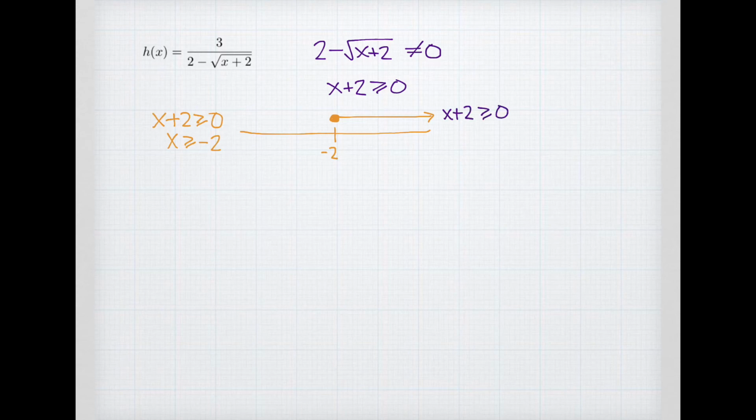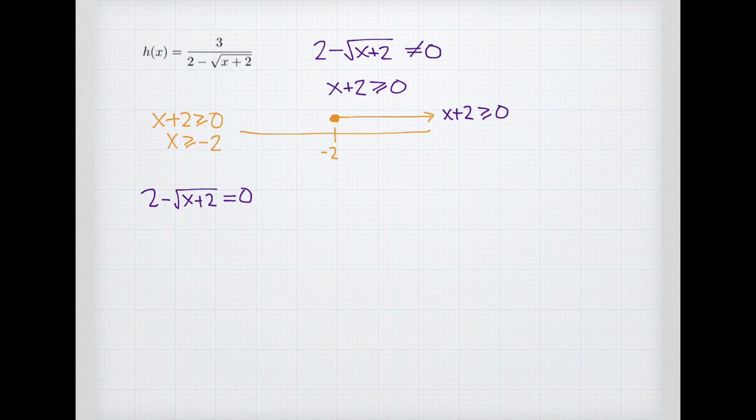My second question is that 2 minus the square root of x plus 2 cannot equal 0. And so we're going to solve this by solving the equation, and then we'll exclude any points we find. Notice that this equation only has a single x right here, so we're going to try to isolate that x by moving things to the other side of the equation.